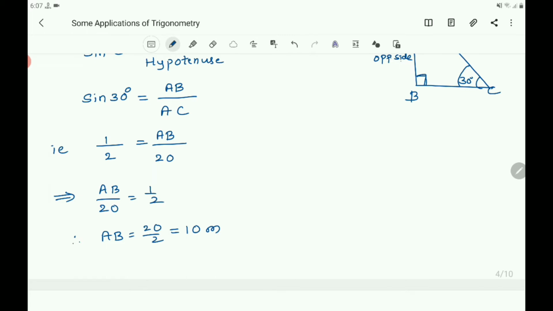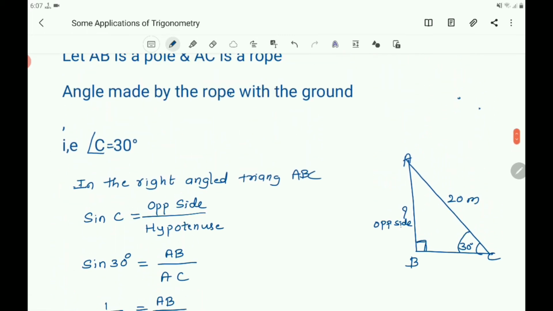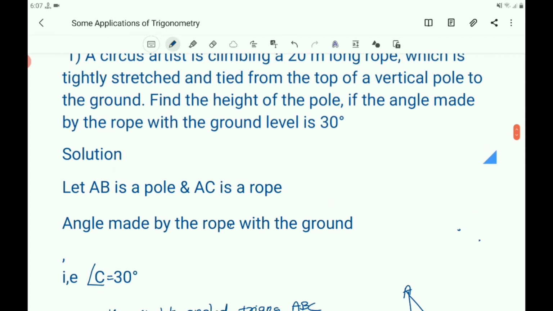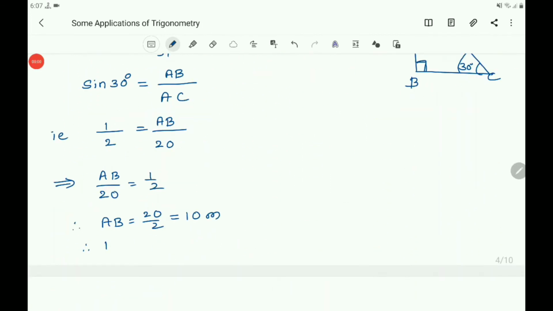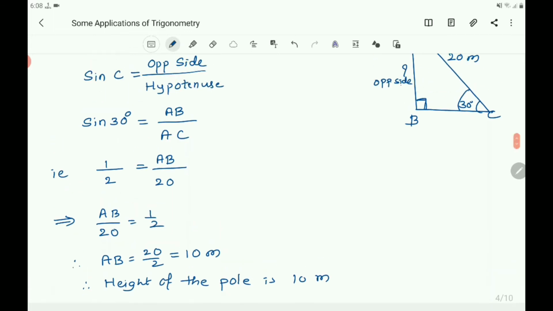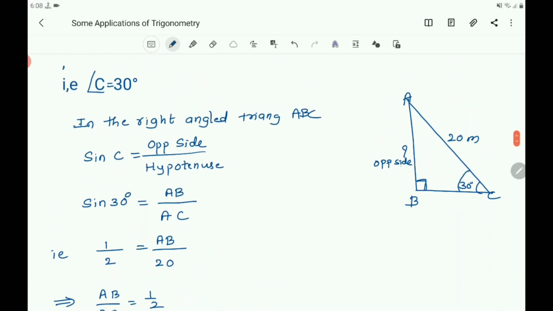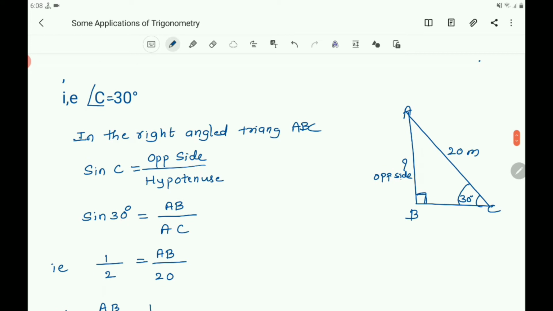AB equals 10 meter, that is the height of the pole. Therefore the height of the pole is 10 meter.